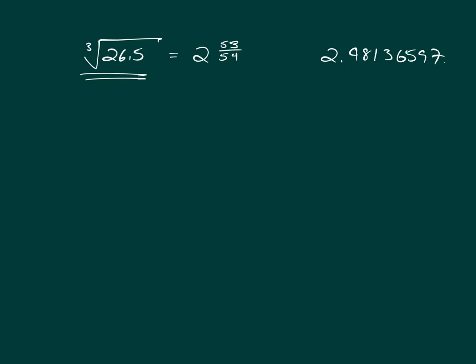Well, we need to now change this over into a decimal just to make it easy enough to compare. So let's see, 53 over 54 gives you 2.981481, and it looks like 481 repeats forever.